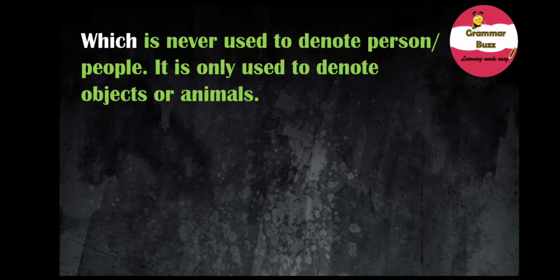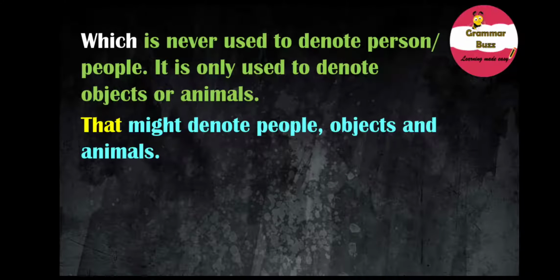Well, so what is the difference between the two relative pronouns that and which? The difference is, which is never used to denote person or people. It is only used to denote objects or animals. And that might denote people, objects and animals.